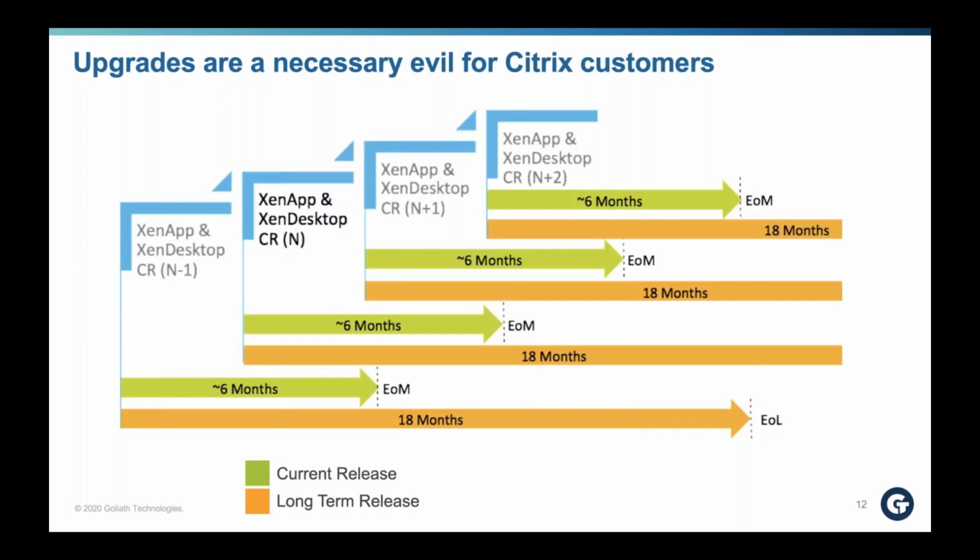So after 6 months, Citrix won't provide any patches. You may be asked to upgrade if you have an issue which isn't easily resolvable by Citrix support. And then end of life is 18 months after the initial release date. So that is when the product becomes out of support. So just keep this in mind.